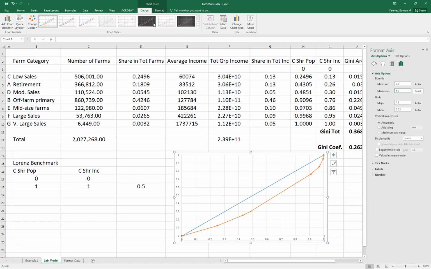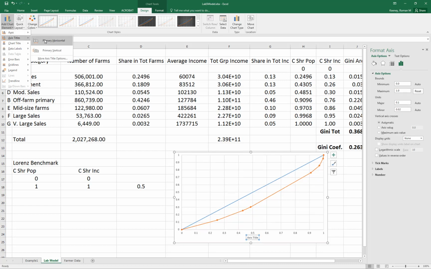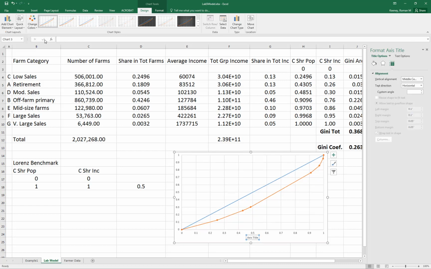And then you could go up here to design and adding chart elements, and you might add the primary horizontal, right?